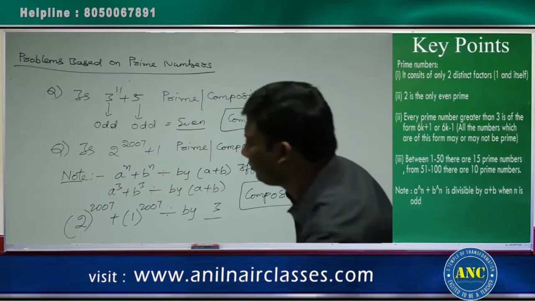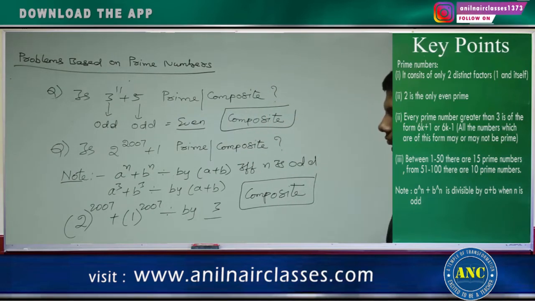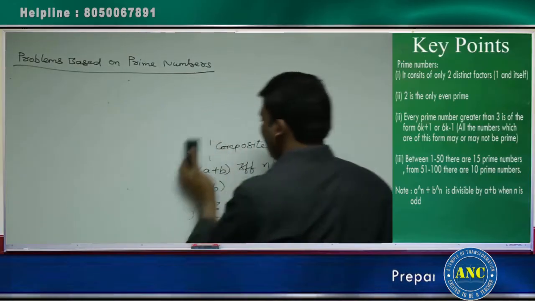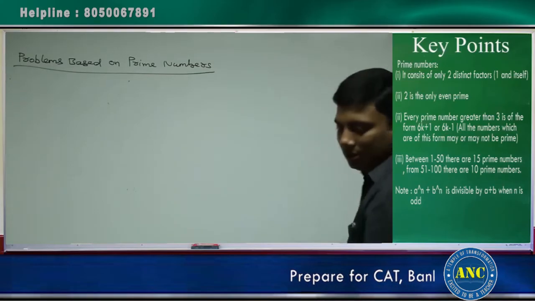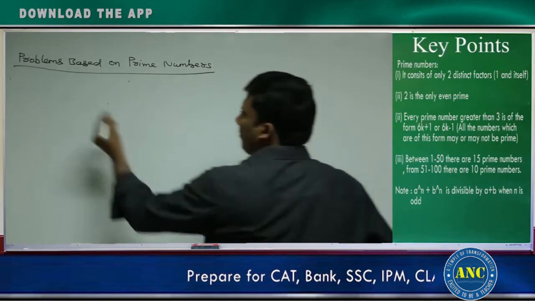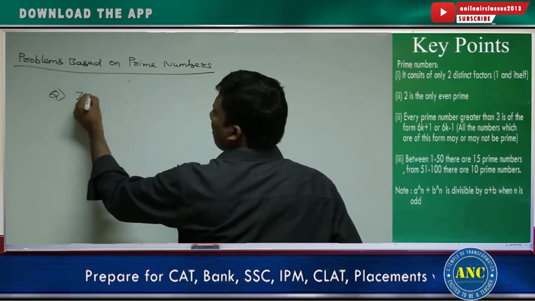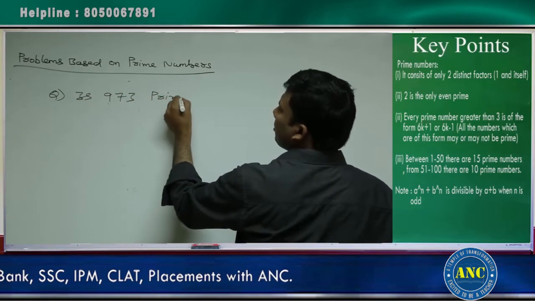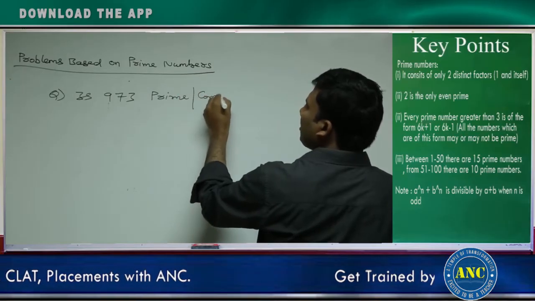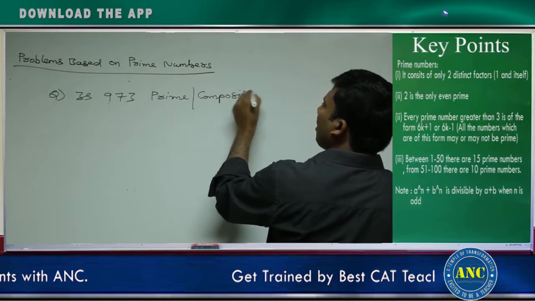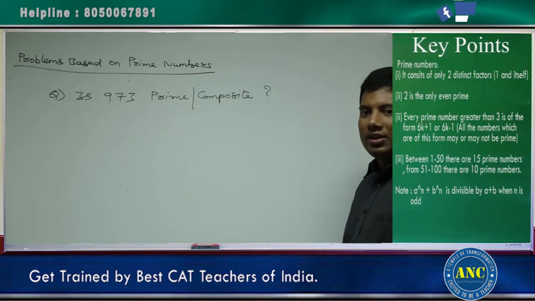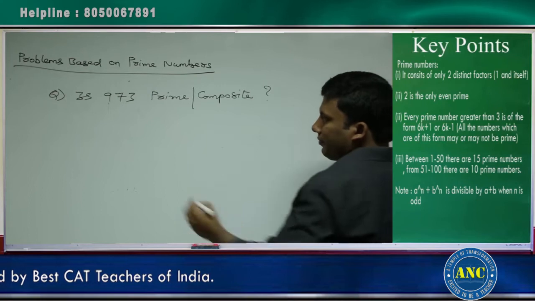Third question. Is 973 prime or composite?